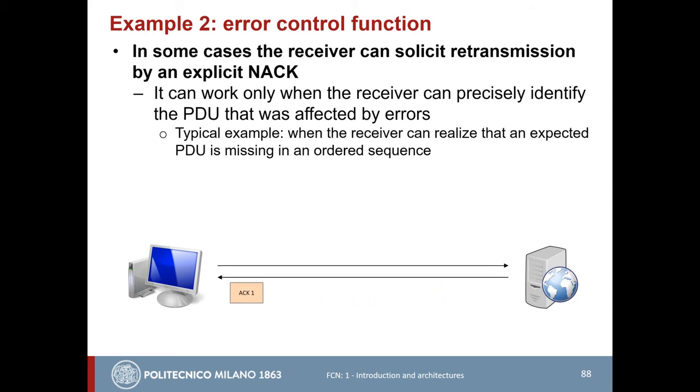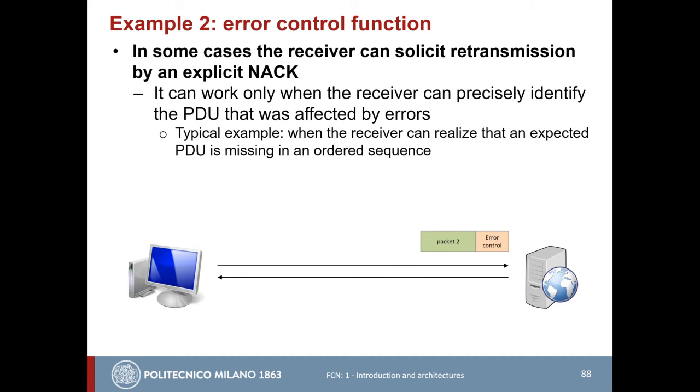When you check that the packet has an error, you send a negative acknowledgement, which is an explicit message. However, it's more complicated, and it requires that the receiver is able to correctly identify the packet that is corrupted.